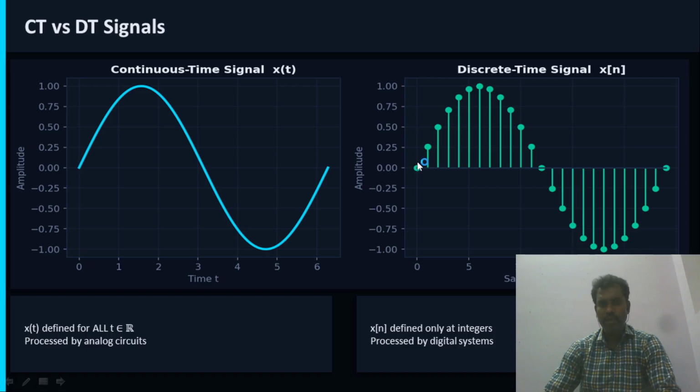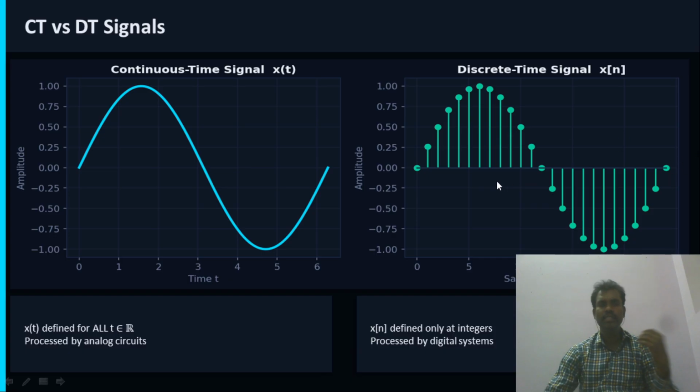If any sample occurs at this instant which is less than 0.125, it can be considered as 0. If it is greater than 0.125 and less than 0.25, it will be considered as 0.25. So we are rounding off the values to these predefined levels, and these values are represented in binary. Then only we can convert it into a digital signal.